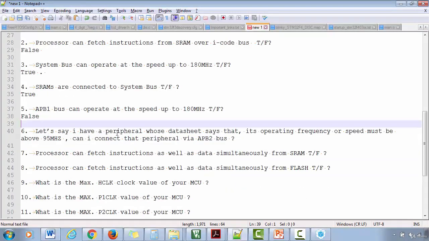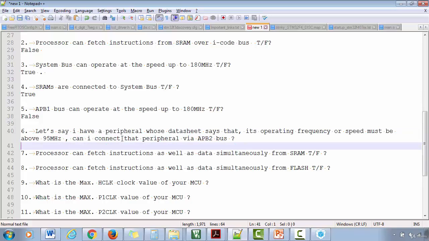Let's say I have a peripheral whose datasheet says that its operating frequency or speed must be above 95 megahertz. Can I connect that peripheral via the APB2 bus? So here there is a device, or a peripheral, which must run at 95 megahertz to behave properly.